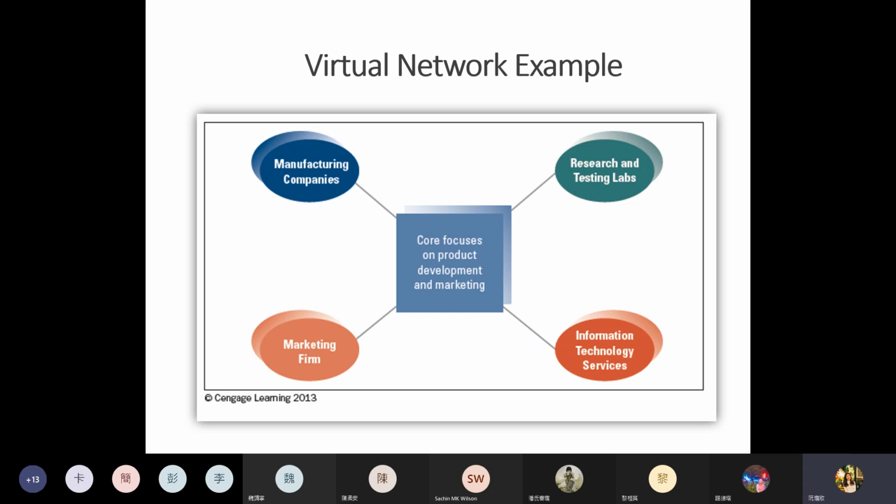Even Nike, I think I mentioned before, outsources almost everything already, even designing their shoes. So for companies, when most of the functions are outsourced like that, we say that they apply a virtual network structure.